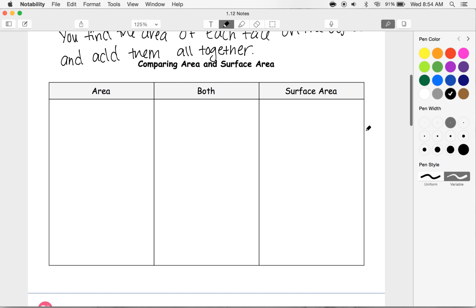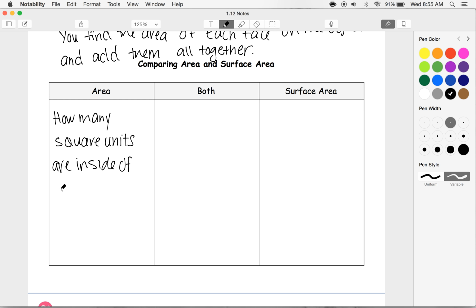Okay, so when we're comparing, area is how many square units are inside of a shape, where surface area is the area of all the faces.